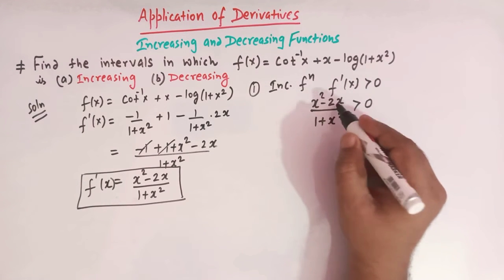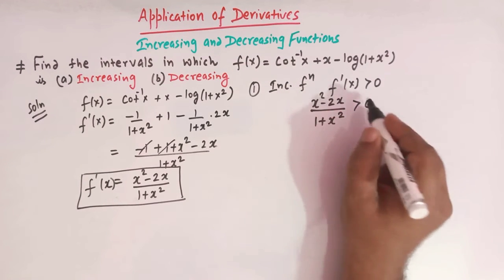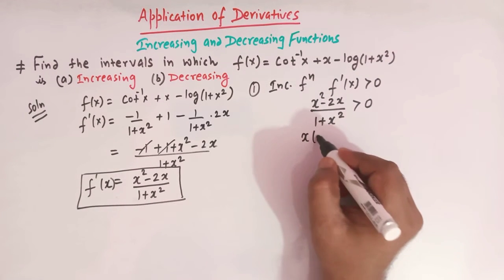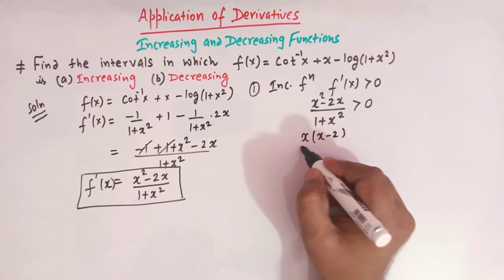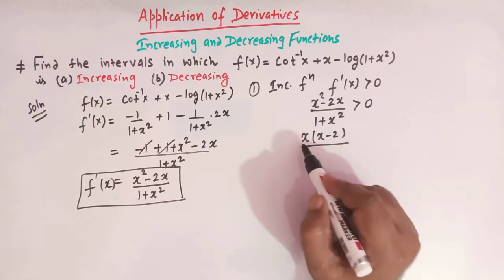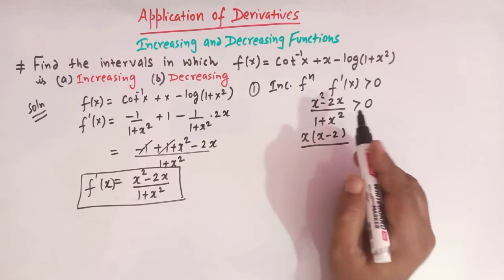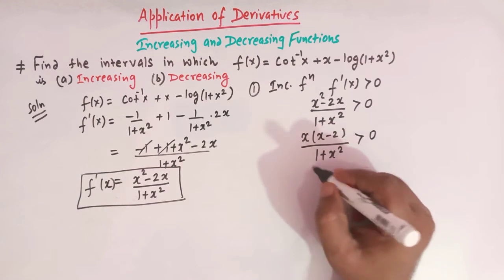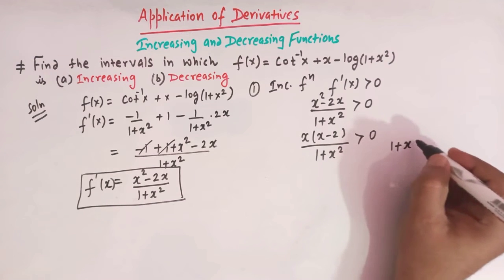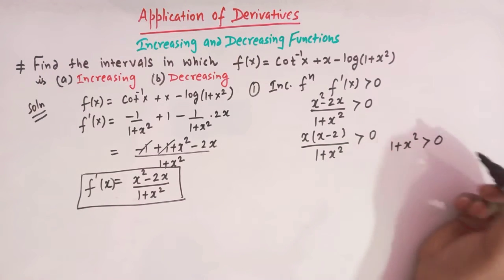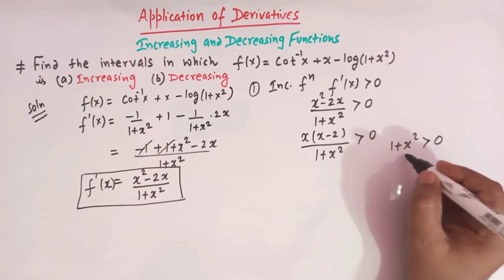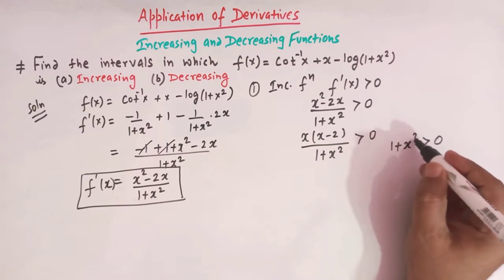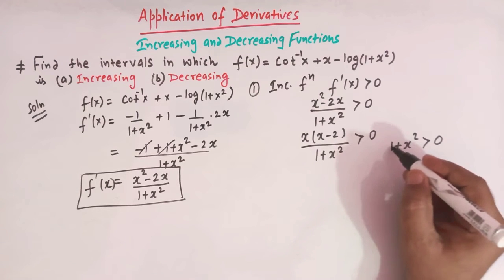Now when we see this inequality, in the numerator we have x times x minus 2, and in the denominator we have 1 plus x square. We see that 1 plus x square is always greater than 0 for all x belonging to the domain of the function, because x square is always non-negative and here we have positive 1.